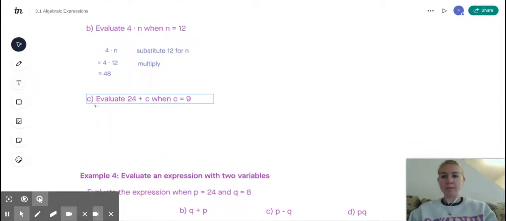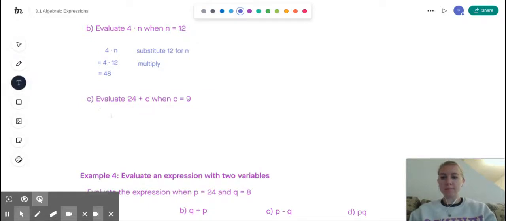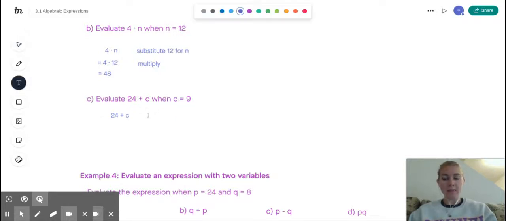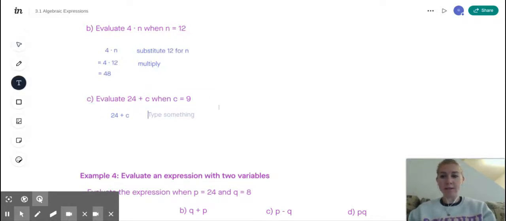Part C says evaluate 24 plus C when C equals 9. 24 plus C. First thing we're going to do is substitute 9 for C, because we know that C equals 9 in this case. Oops, I can't spell substitute this morning.